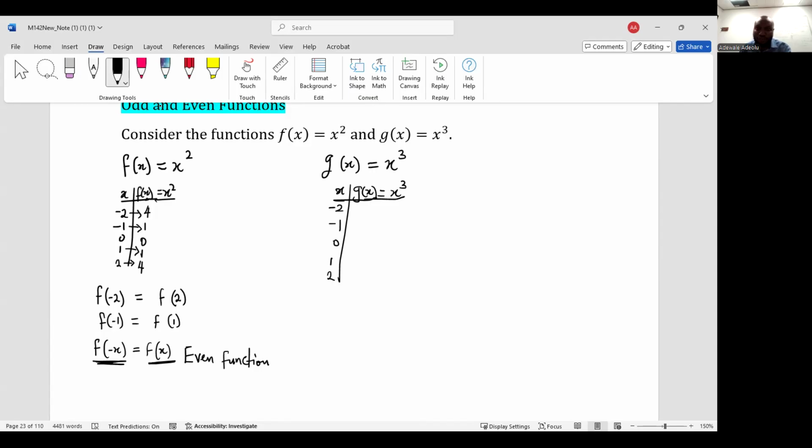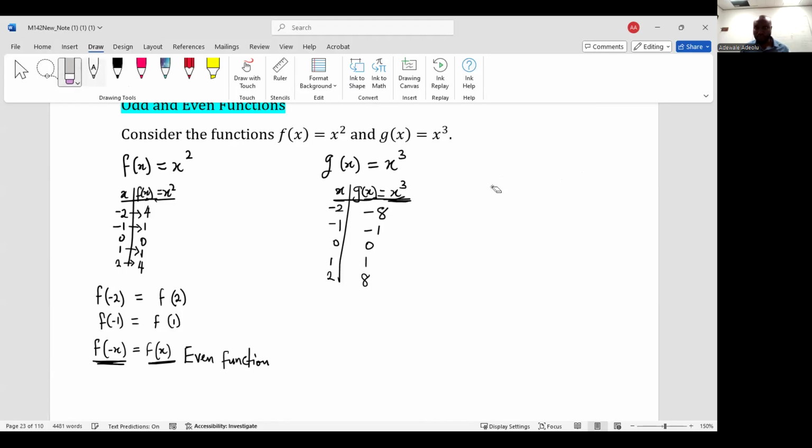G of -2, if I evaluate it using this function, will be -8, this will be -1, this will be 0, this will be 1, this will be 8. That is -2 raised to power 3, for example, which is -2 times -2 times -2, which is -8.